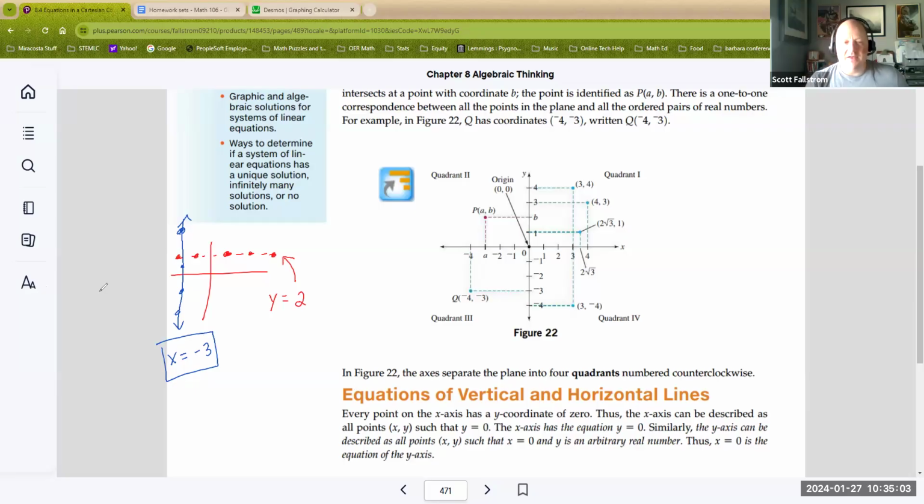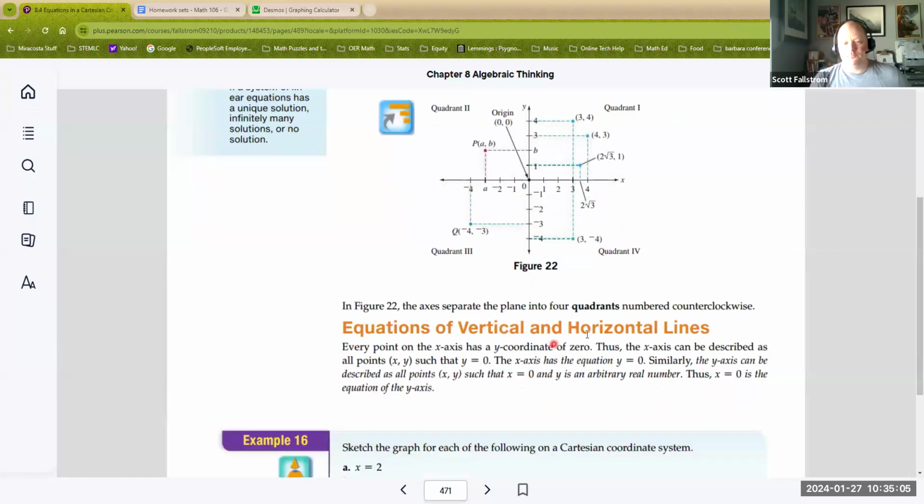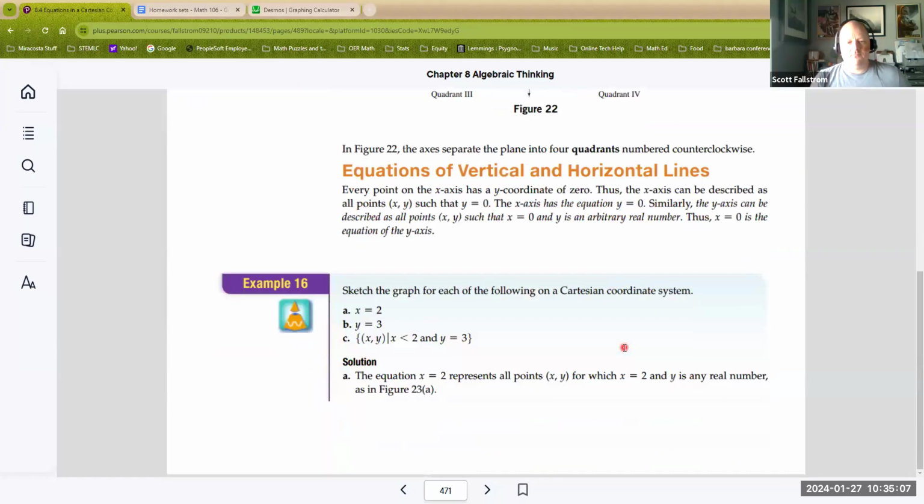So pretty big ideas here. Okay. Now you'll notice if you see x equals 2, that doesn't tell me what y is. And the reason is it doesn't matter what y is, because no matter what y value you choose, x has to be 2.